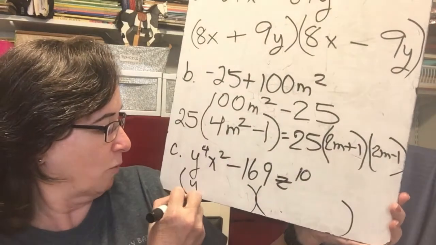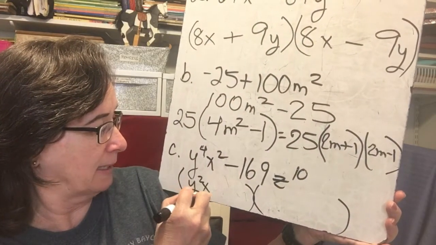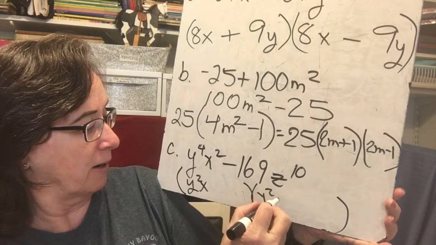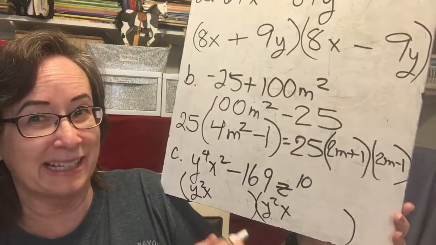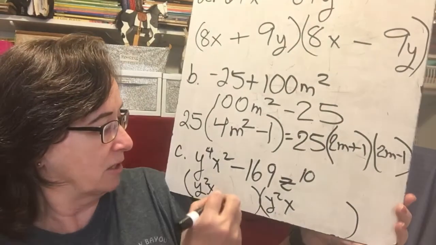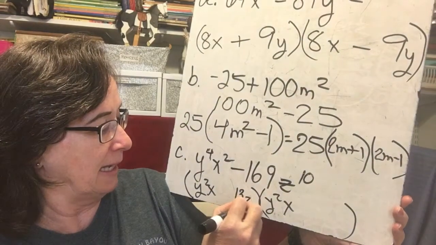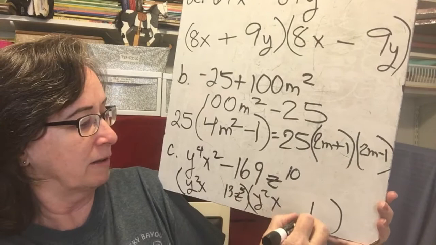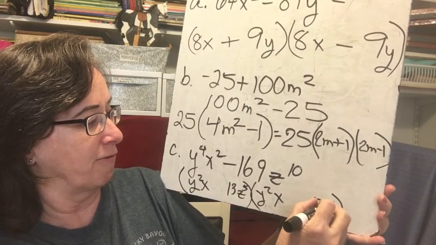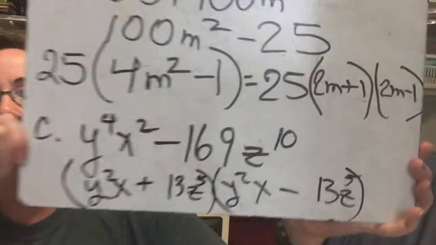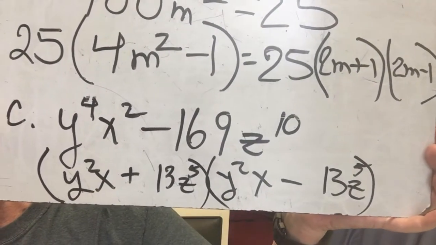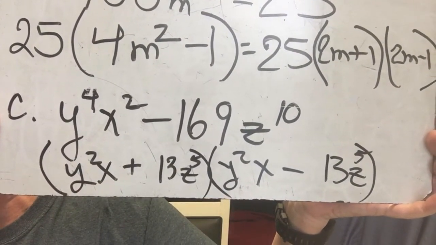Okay, so y squared x, y squared x, and the square root of 169 is 13. So 13z to the 5, 13z to the 5, plus and minus. Hopefully you can see that. I kind of ran out of space down there at the bottom.